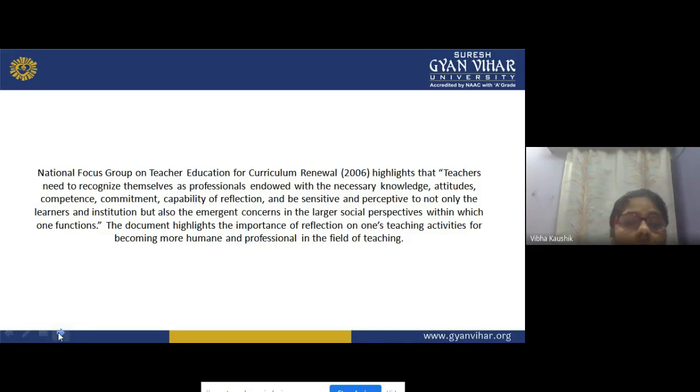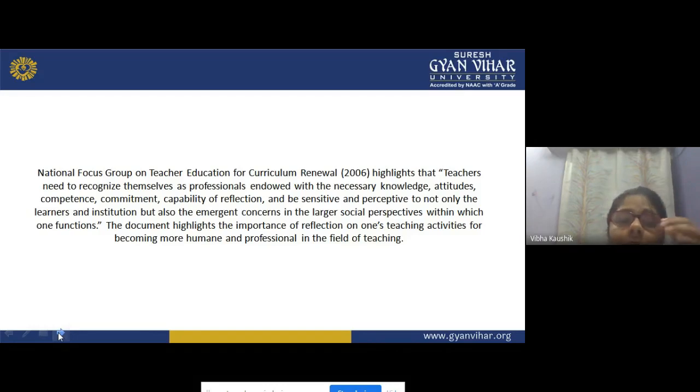It highlights that teachers need to recognize themselves as professionals endowed with the necessary knowledge, attitude for teaching, competencies, abilities, commitment that I will perform very well in the teaching learning process, capability of reflection, and be sensitive and perceptive to not only the learners and institution but also the emergent concerns in the larger social perspective within which one functions.